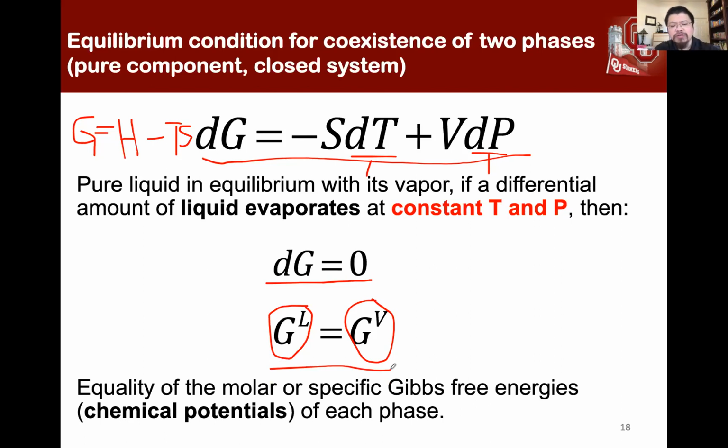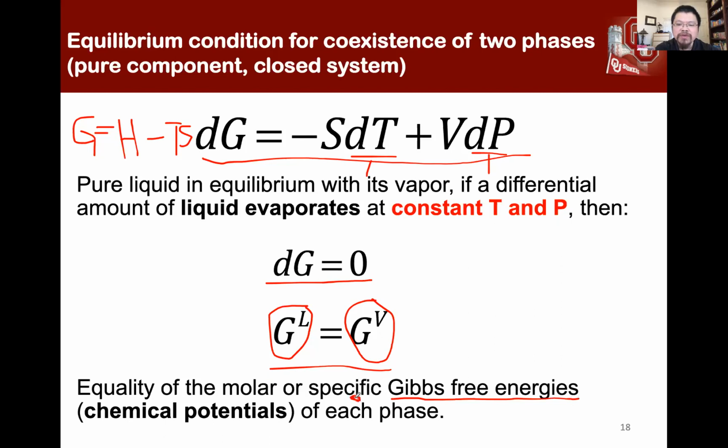Then I try to introduce one other statement. It says the equality of the molar or specific Gibbs free energy, which is also named as the chemical potential of each phase, will be exactly the same. So that is nothing special, but now we are moving from Gibbs energy and we try to add some limitation.